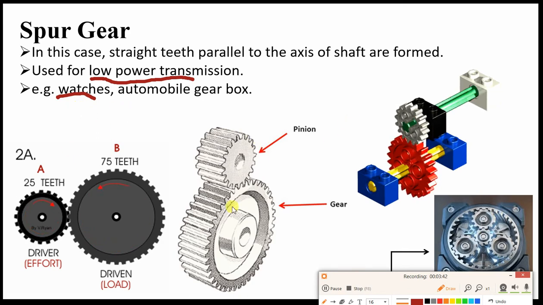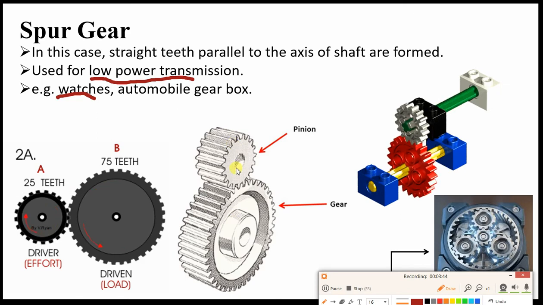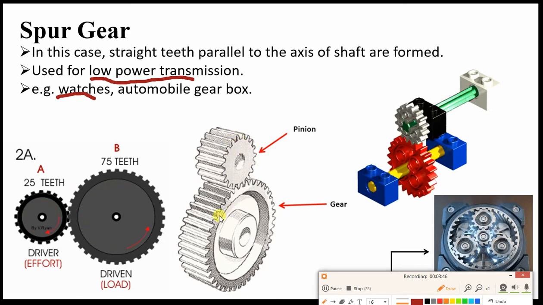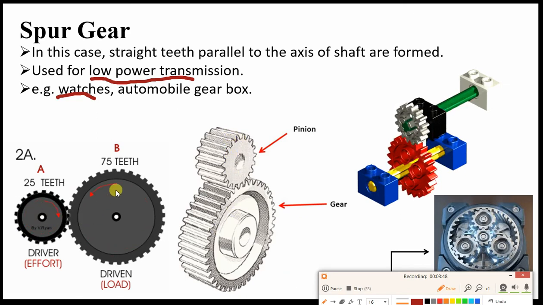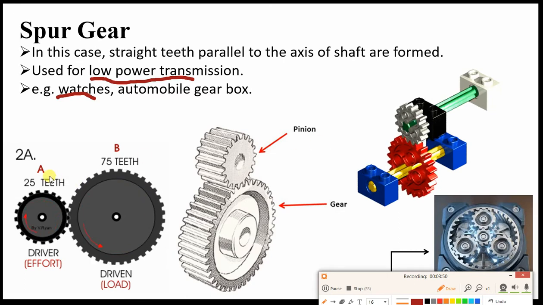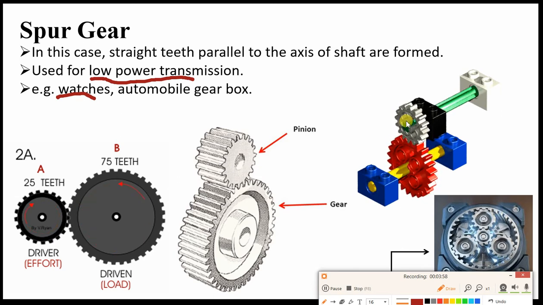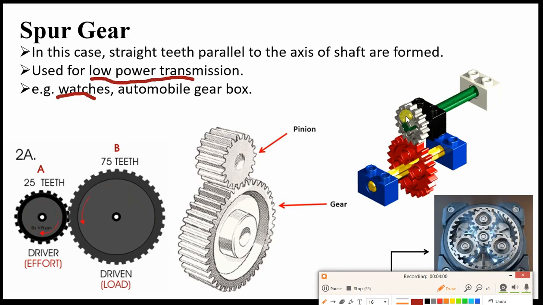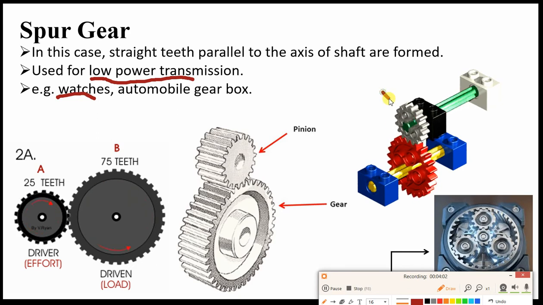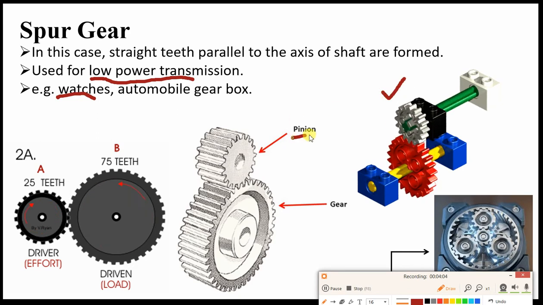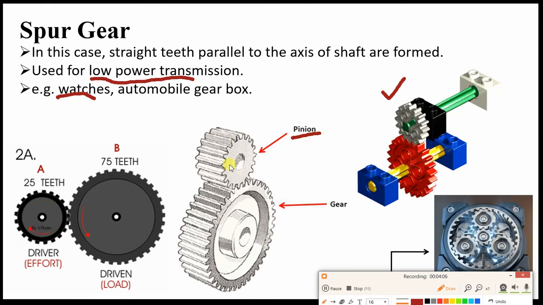Now basically here two gears are there. If you see here, one gear's diameter is less than the other gear's. Here also one gear's diameter is less than the other gear's. So here power is transmitted from one gear to another gear. The smaller gear, the one with less diameter, is called the pinion.